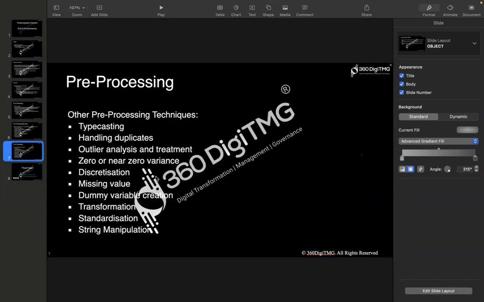Then click Data, Remove Duplicates, and then under Columns, uncheck the columns where you do not want to remove the duplicates. So this is about handling duplicates.